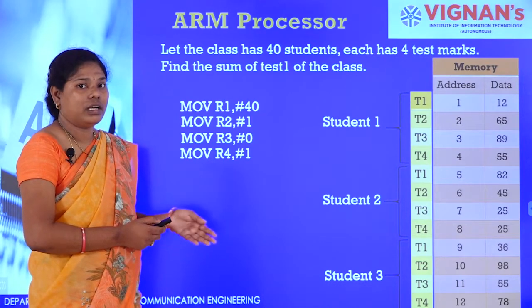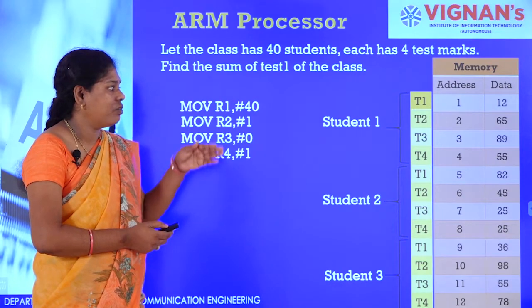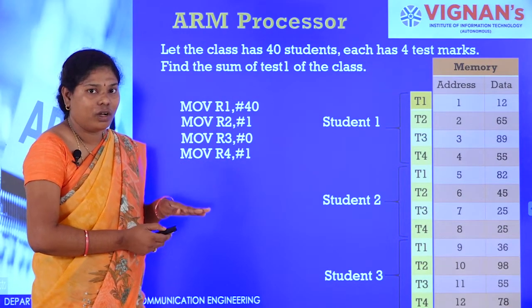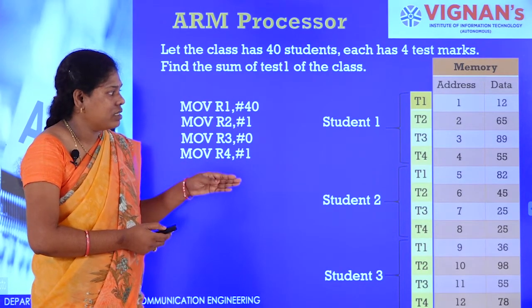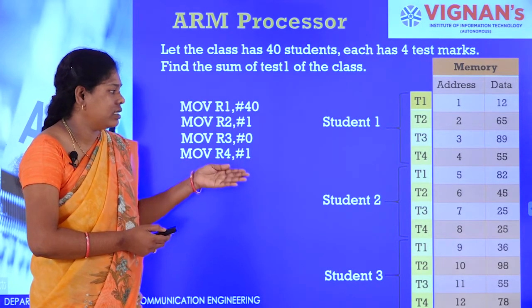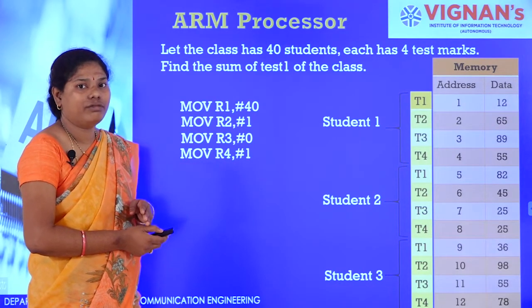Next, it has to add to the contents of 5. That is, the 1 will be added to 4. The first address, it has to add 4. Later, once the sum is available, next it has to add to the contents of 9. Again it has to add 4.